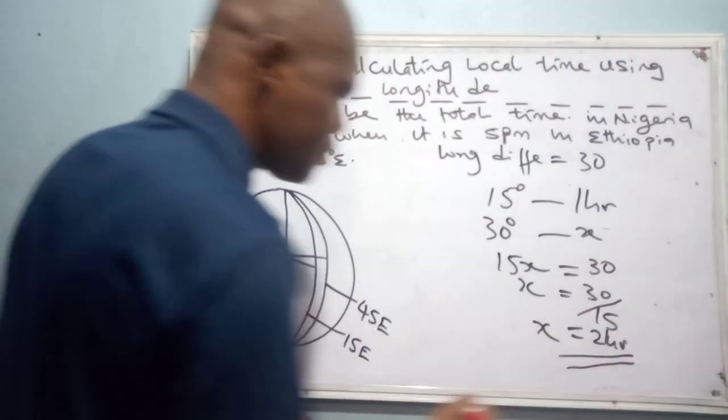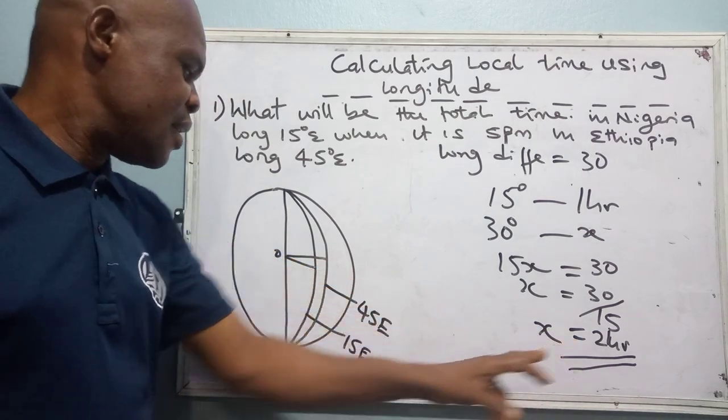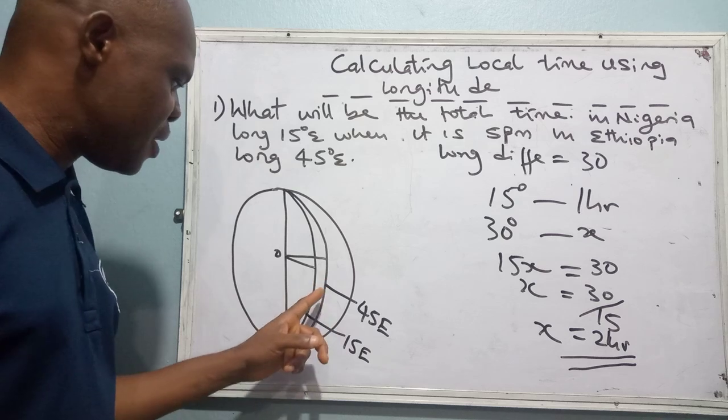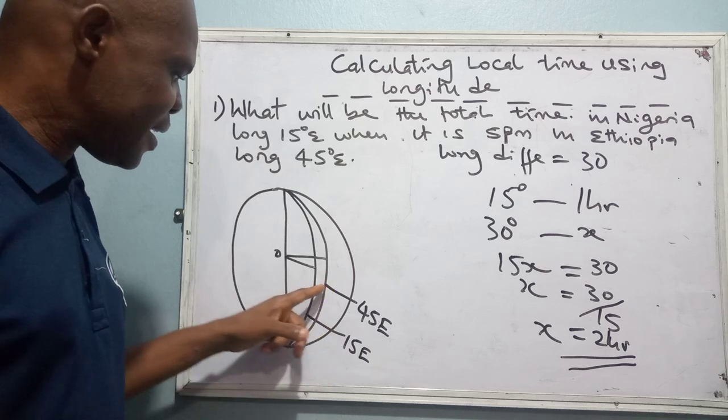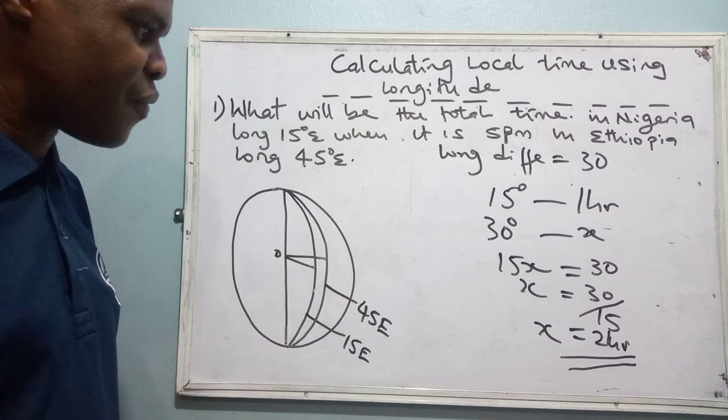Okay. Now these 2 hours are the time difference between Ethiopia and Nigeria here. So that's the time difference.